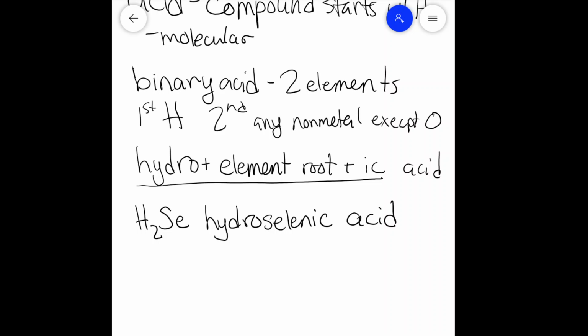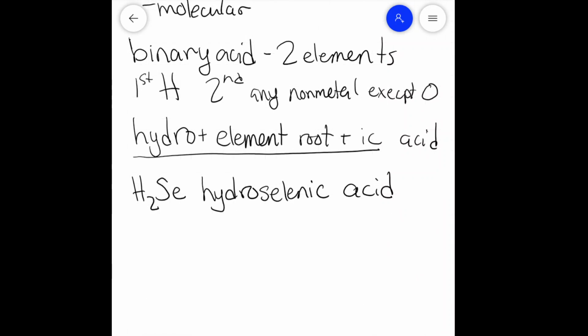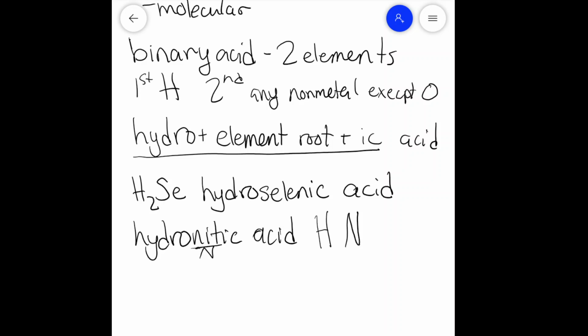If you're writing it from the name, say hydronitric acid. Well, you know you have an H, and then nitr is nitrogen. But hydrogen is 1 plus.